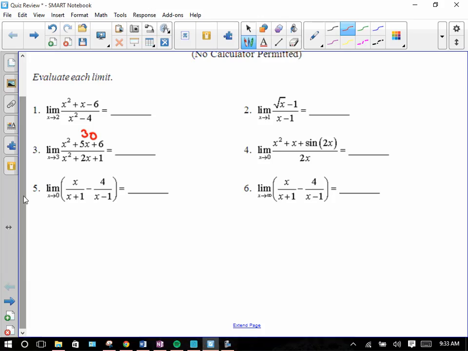And then if we plug in 3 down here, we're going to get 9 plus 4, which is going to be 13 plus 1, which is 14.